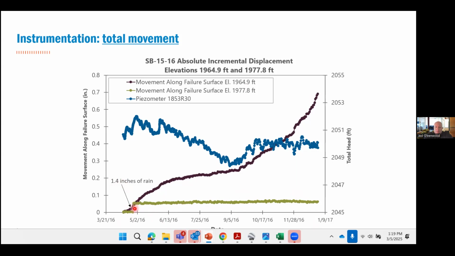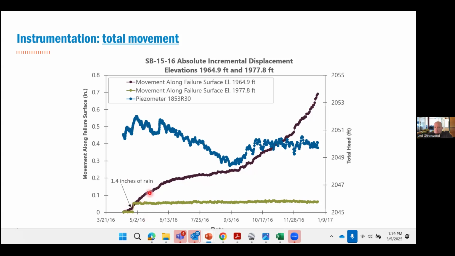of rain that fell. And then on the secondary y-axis over here, this is total head from a nearby vibrating wire piezometer. You can see a couple things to note here. When the total heads are higher, you can generally see that the rates on the black line are faster.